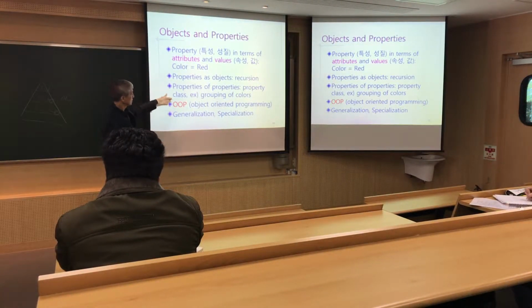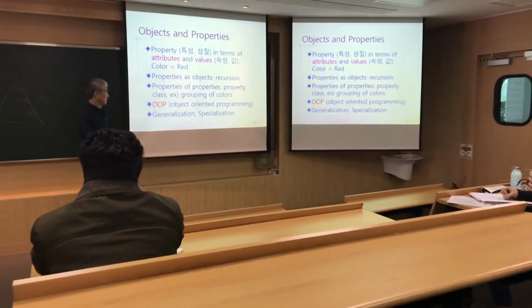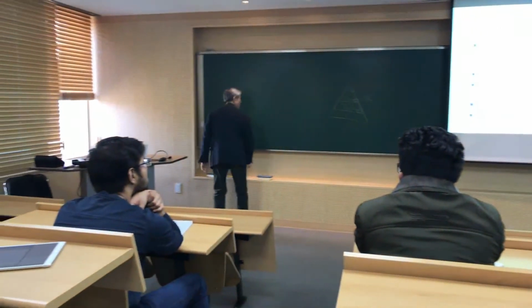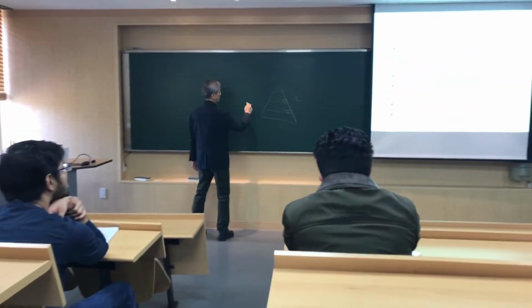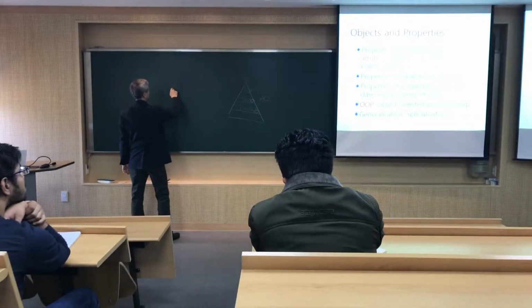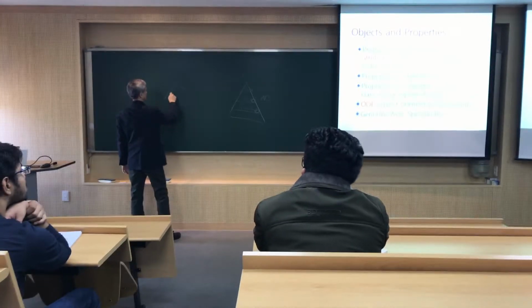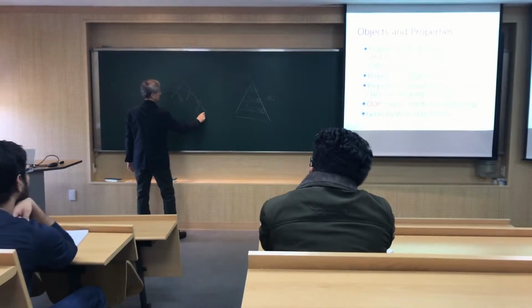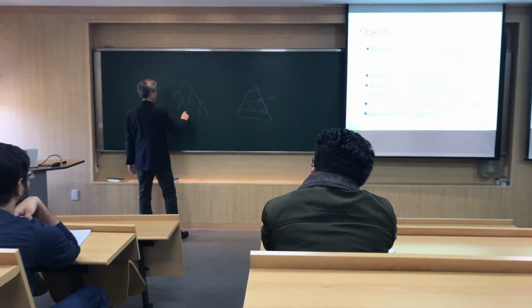So that is similar to object-oriented programming. In programming there is a class, and generalization and specialization. So in this hierarchy, object-oriented programming is very similar to assembly, right? This class hierarchy.